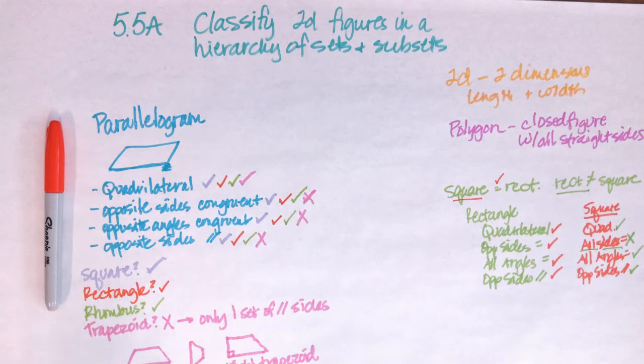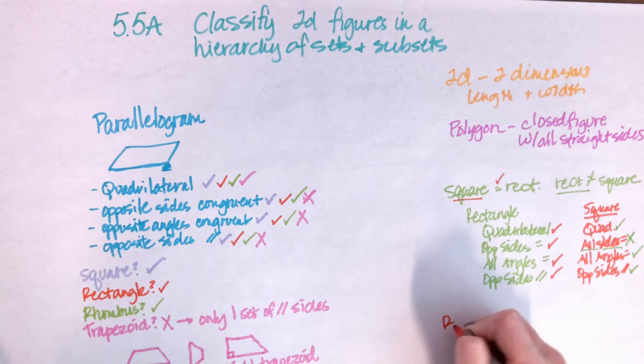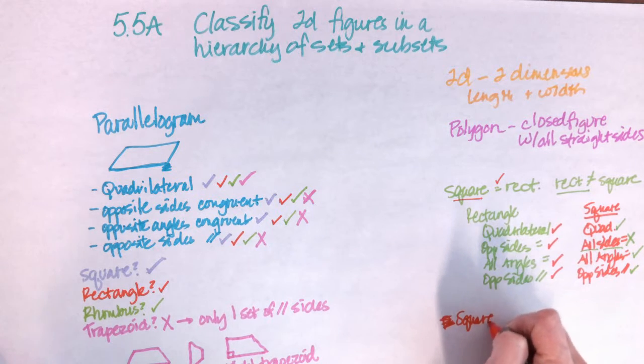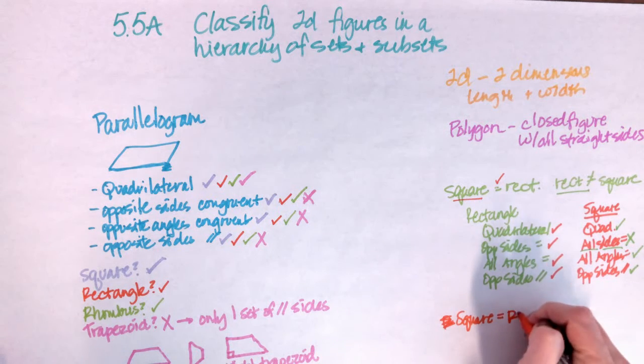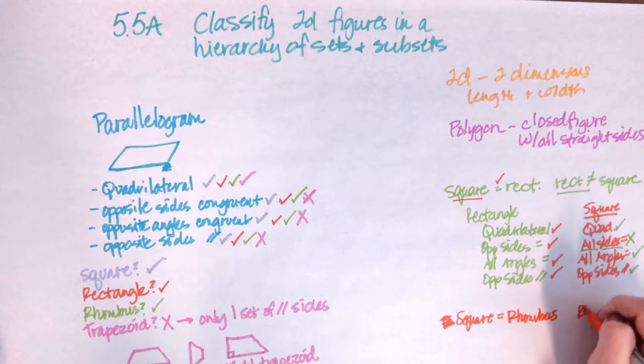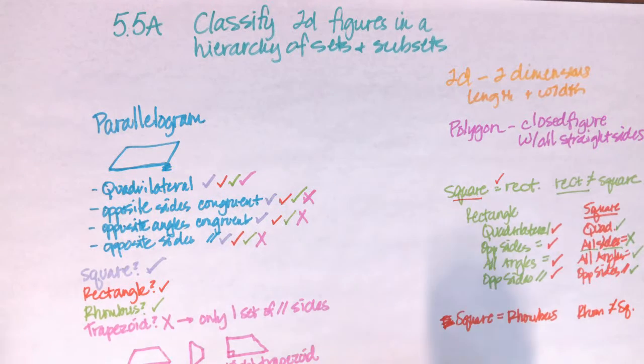The same is true for a rhombus and a square. So let's look at that. Same thing we're going to do here. I'm going to write it the other way so it matches the one I did before. A square is a rhombus, but a rhombus is not a square. Let's prove it. What are the attributes of a rhombus?